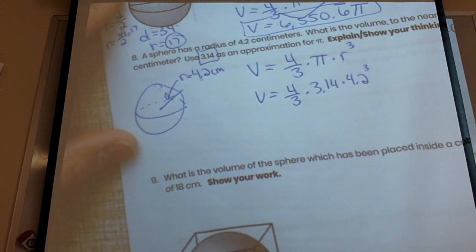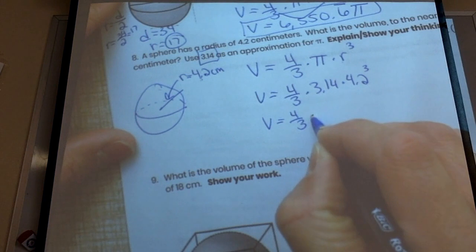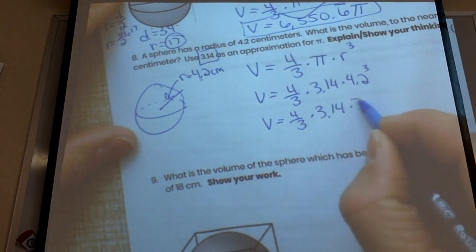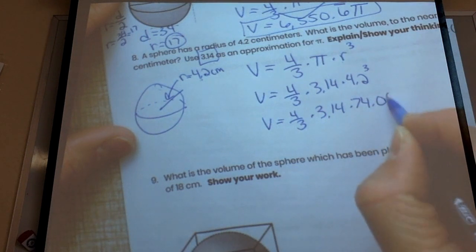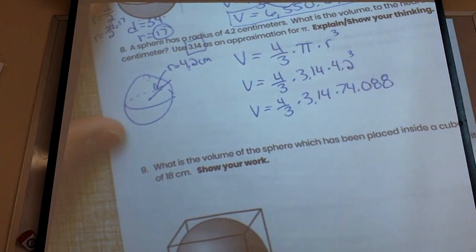So 4.2 cubed means 4.2 times 4.2 times 4.2. So we have volume equals 4 over 3 times 3.14 times 74.088.